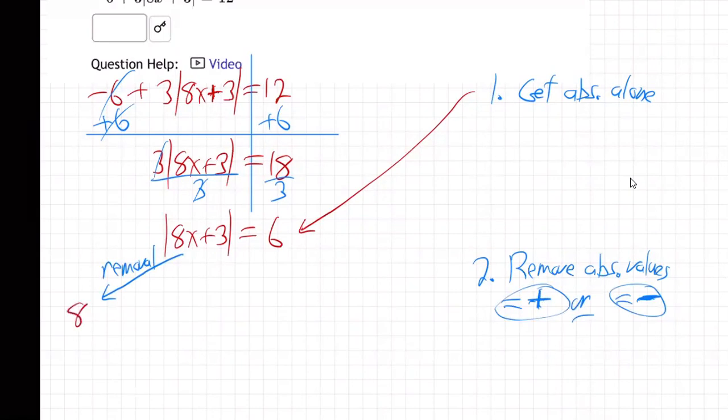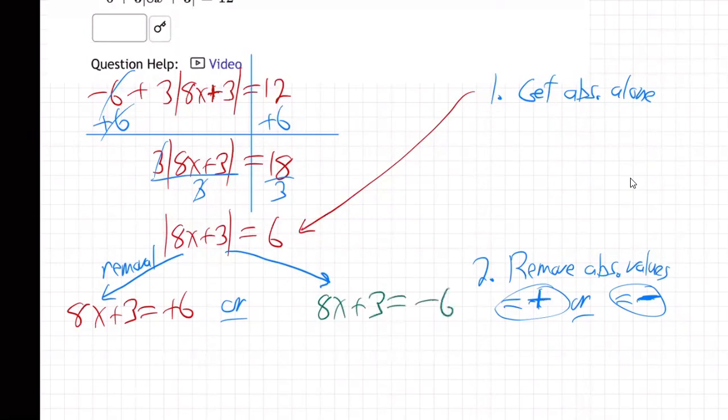And it'll be positive 6. We'll go over here. Or negative 6. So you see what I did there? I made it positive or negative.